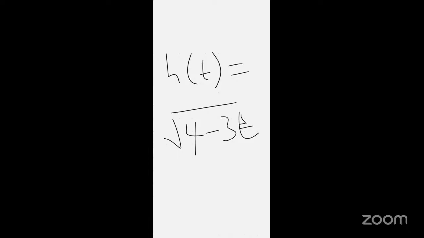So you can conclude that the domain of this function must be t such that 4 minus 3t is greater than or equal to 0.